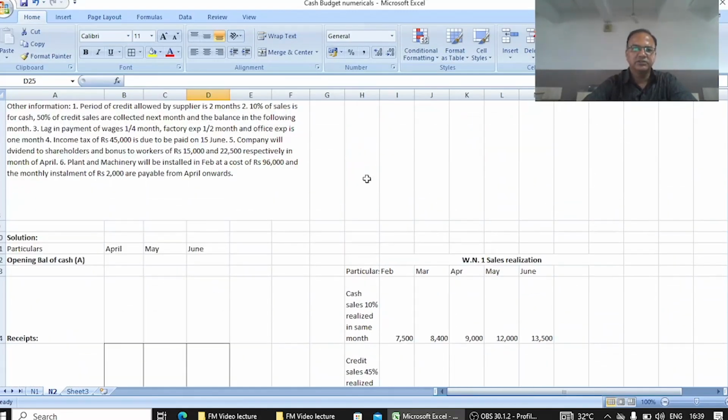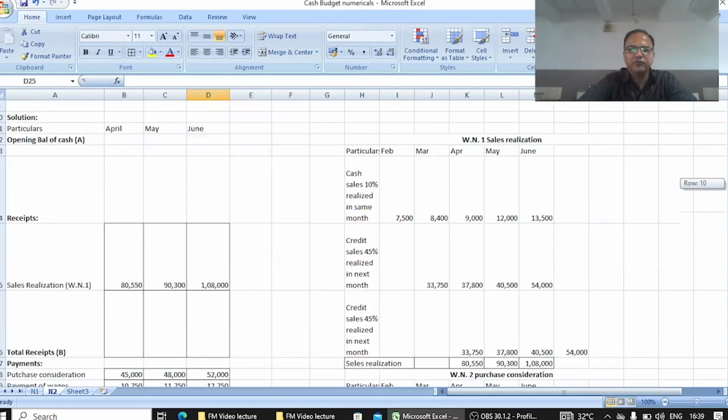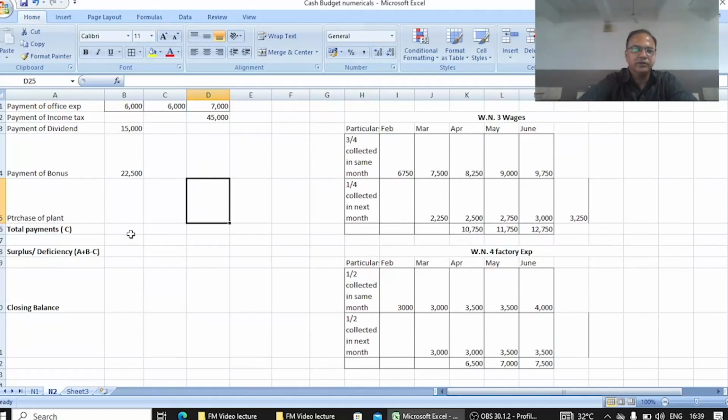Now last is given that you purchased a machinery in month of April and now you are paying installment of rupees 2,000 from April onward. Purchase of plant.